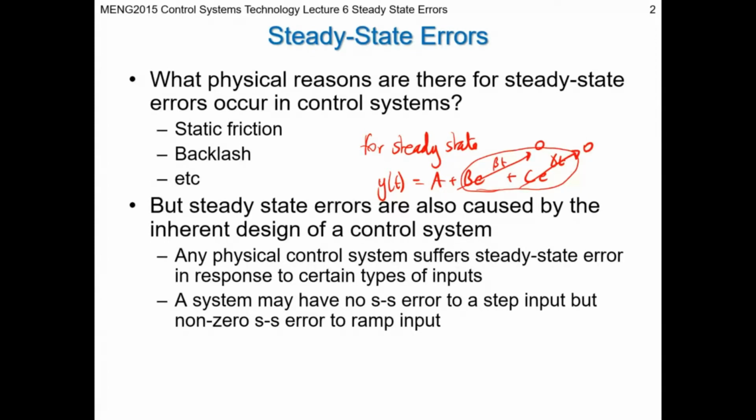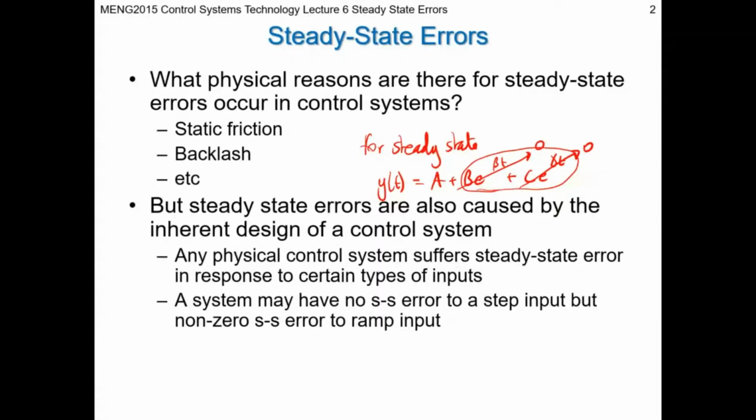Right, so we're going to go through in this lecture and understand, depending on the type of the system, and type in this case is a very specific term, depending on the type of system which we're controlling, and depending on the type of input we have, what's the steady state error going to be?